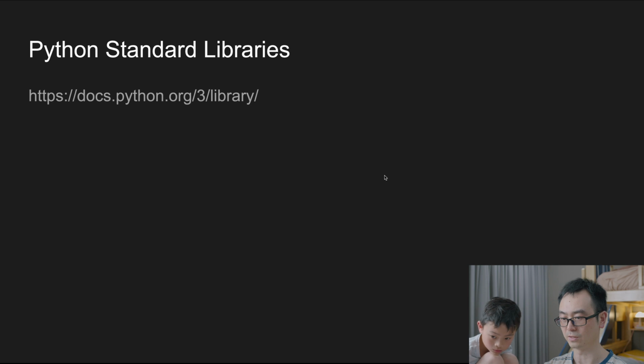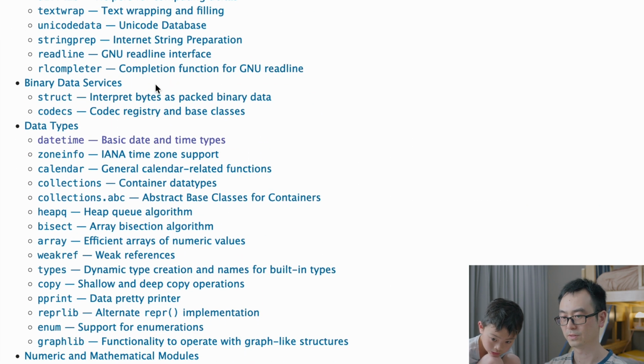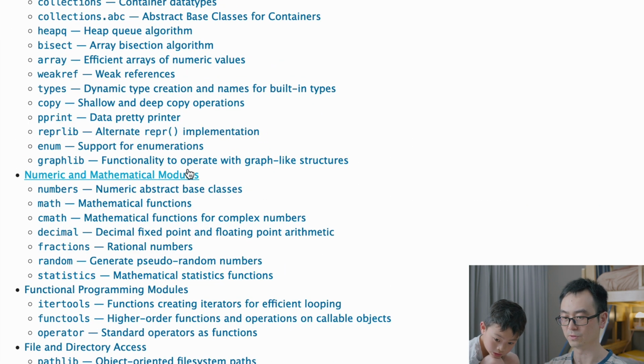So this is the link to the standard Python 3 libraries. There are a lot of those. If you do number related things, you can find those number related libraries. For example, here we need the random library to generate a random number, right? So that's the library we need.